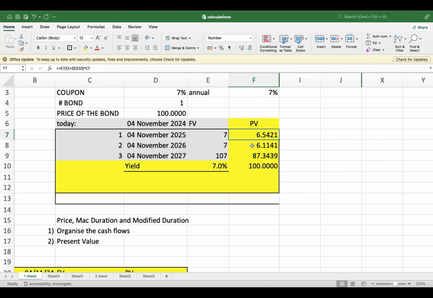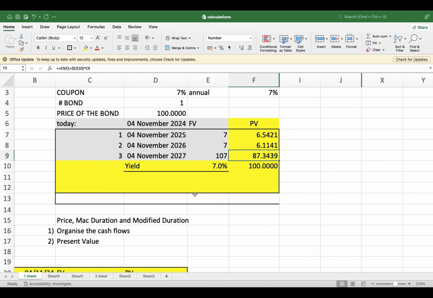Similarly, for the present value of 7 rupees received 2 years later, the power becomes 2 because I'm receiving it 2 years later. That present value is 6.1141, and the present value of 107 rupees received 3 years later is 87.3439.